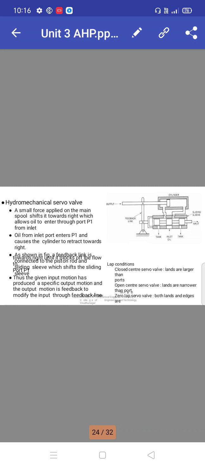The feedback link blocks off the flow to the sliding sleeve, which shifts the sliding sleeve. Thus the given input motion has produced a specific output motion, and the output motion is fed back to modify the input through the feedback line.